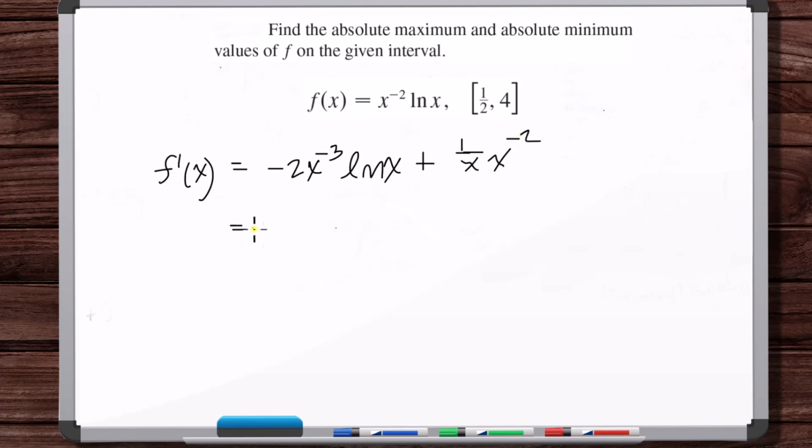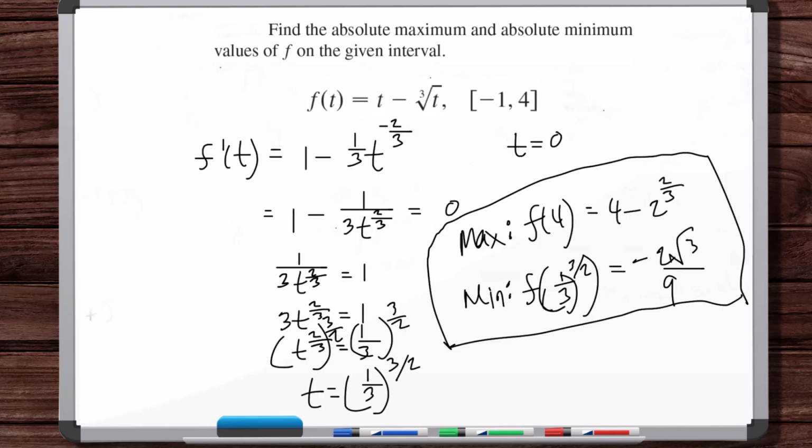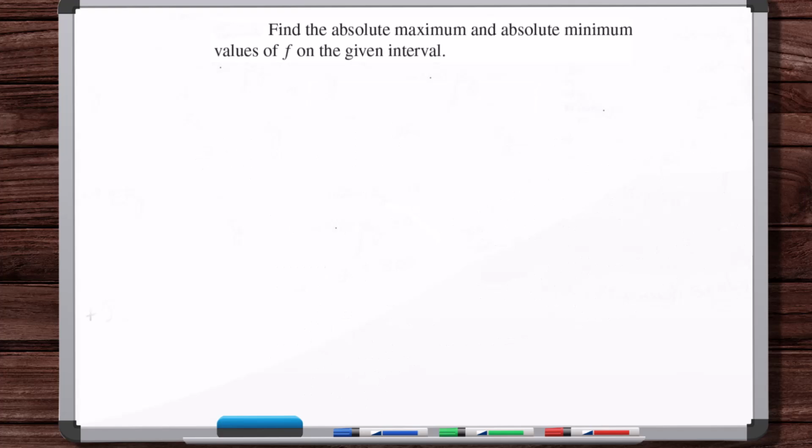Okay, we're on this interval, and so if we come back to the previous problem, we didn't need to analyze t equal to 0, because that's not on the interval.